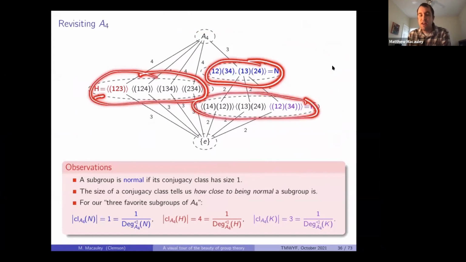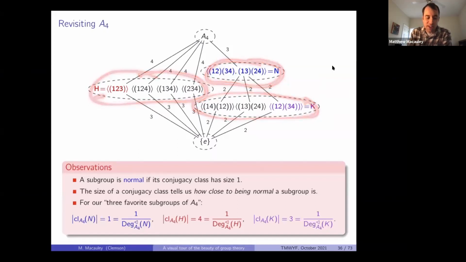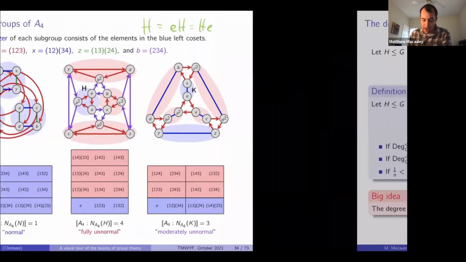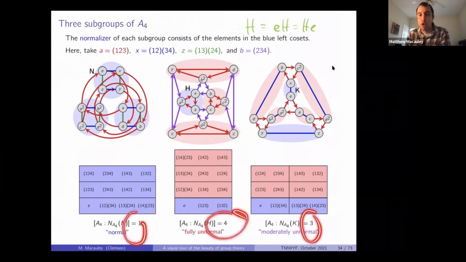So the number of conjugates of a subgroup is, in some sense, a measure of how normal or unnormal a subgroup is. The more this thing fans out, the further it is from being normal. And these are the same measurement. Those numbers that I showed you, I actually call the degree of normality, the reciprocal of these: 1, 1/4, 1/3.